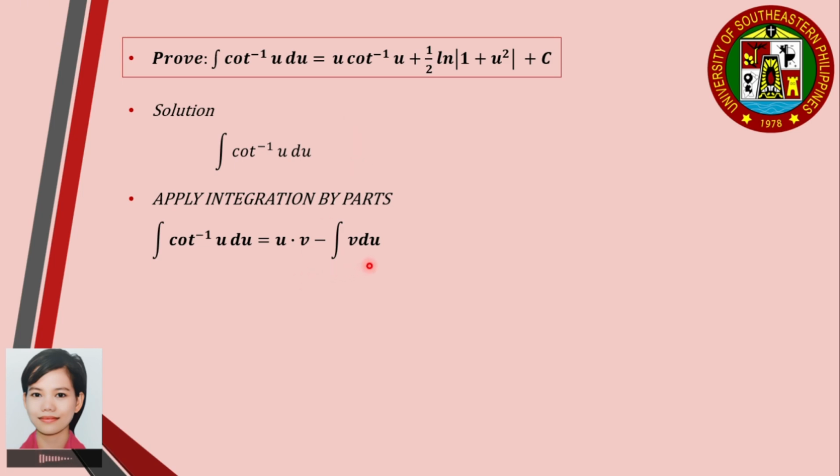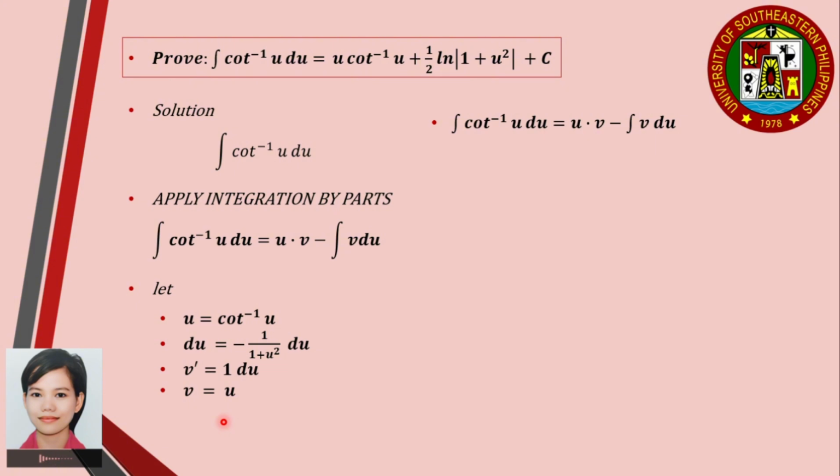So for this one, we're going to let the u be equals to arc cotangent u. So the derivative of arc cotangent u equals to negative 1 over 1 plus u squared du. Okay, so for the v prime, we have the du. So for v, we have the u. Okay, we already have the u, du, and the v.